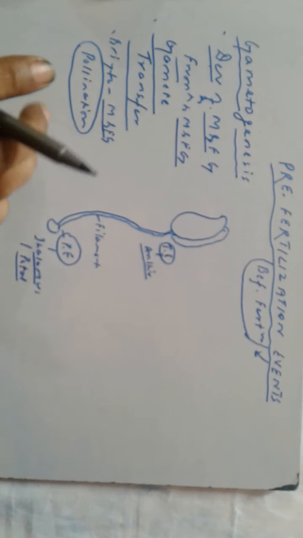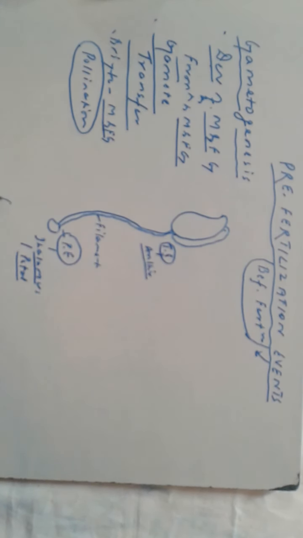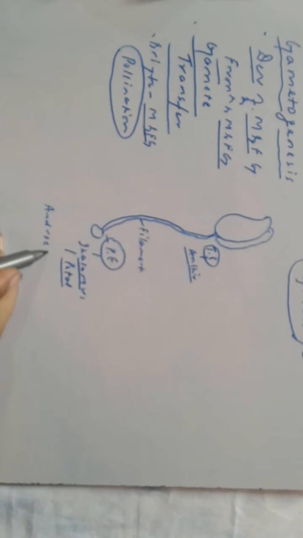As we all know, what is the main male reproductive organ? It's the androecium, and the androecium consists of stamens.